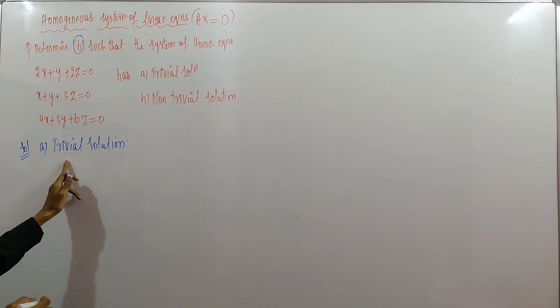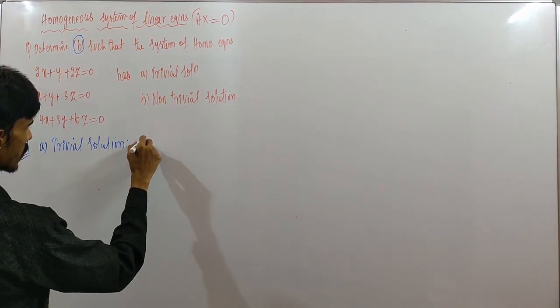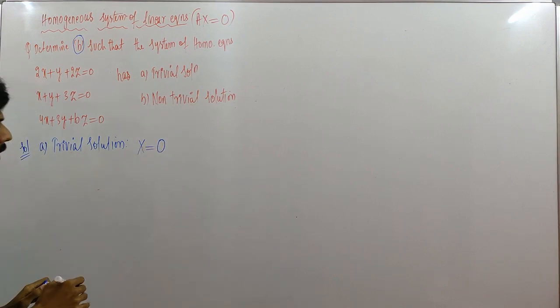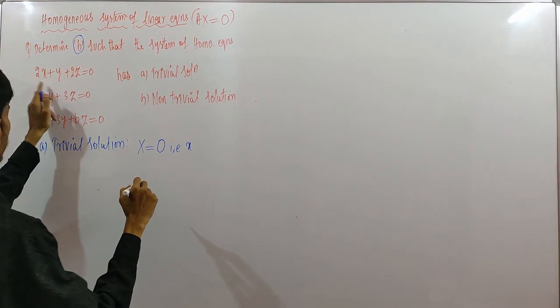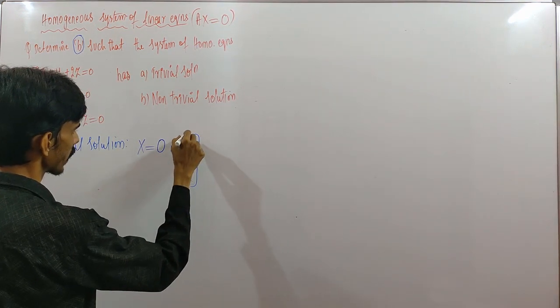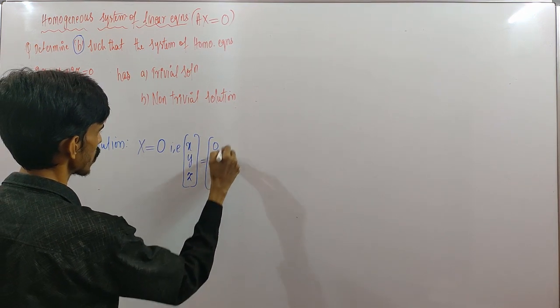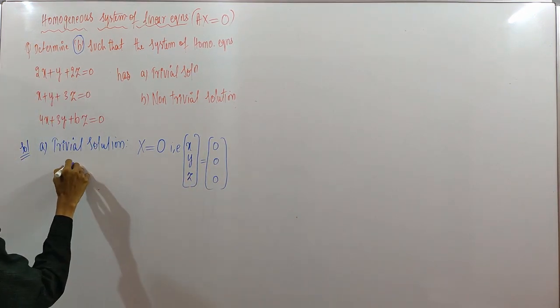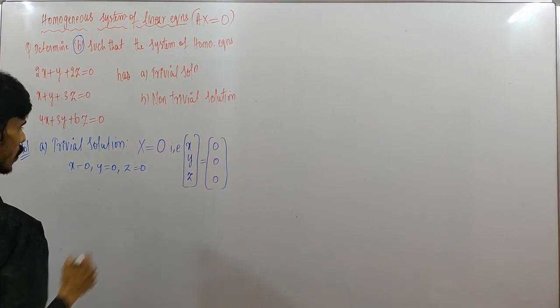We know that for the trivial solution, the x, y, z value is always 0. That is, capital X is the null matrix. That is, the vector x, y, z is always 0, 0, 0. x is 0, y is 0, and z is also 0.